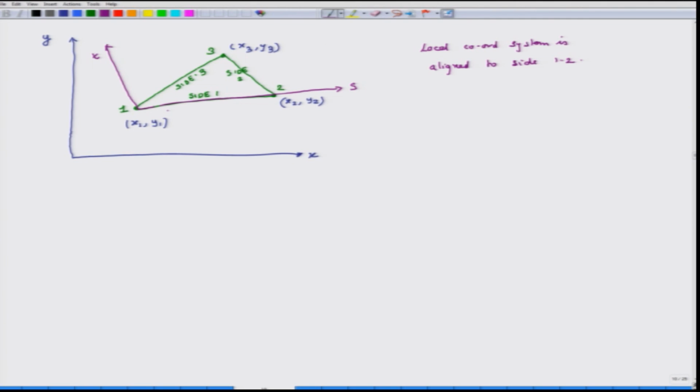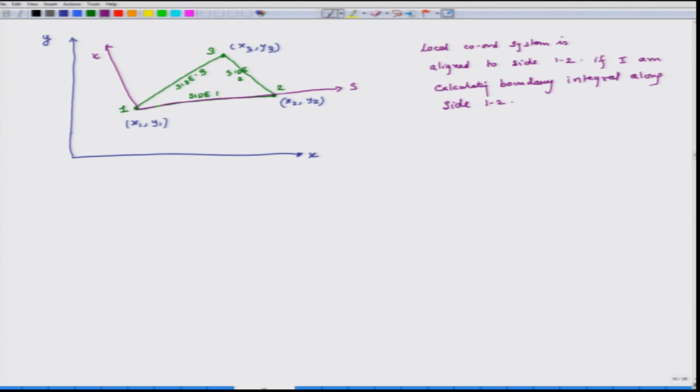Here my interest is in calculating the boundary integral along side 1, 2.